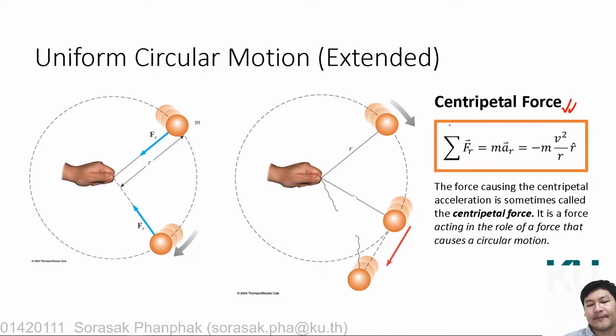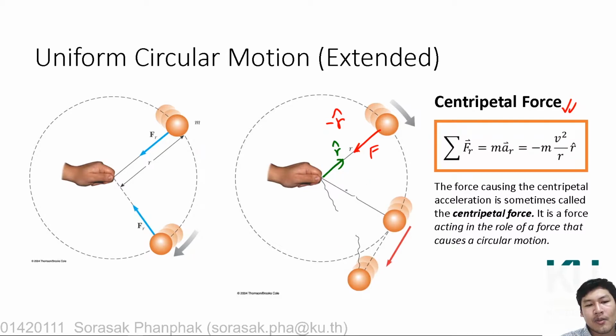What is the centripetal force? It is the force pointing in the backward direction of the vector r. R is the vector that points out in the polar unit, so you have r pointing out in this radial direction.